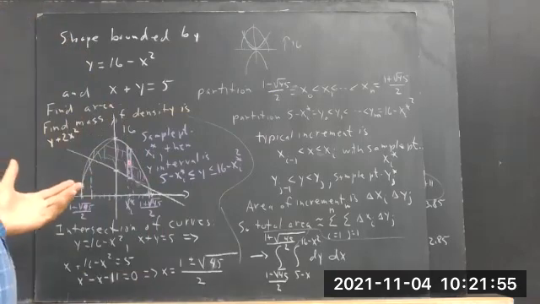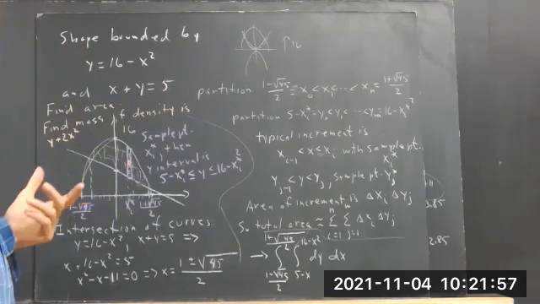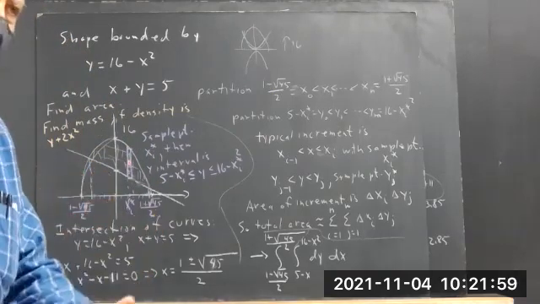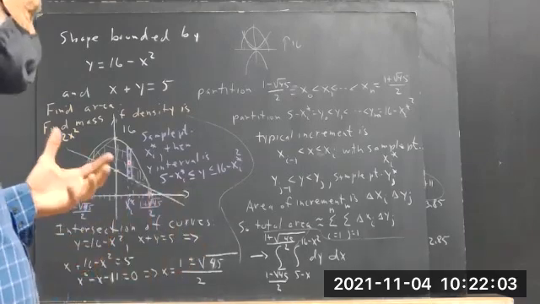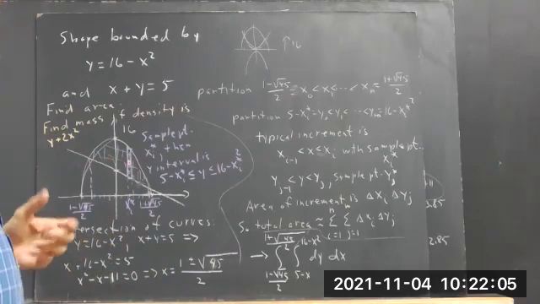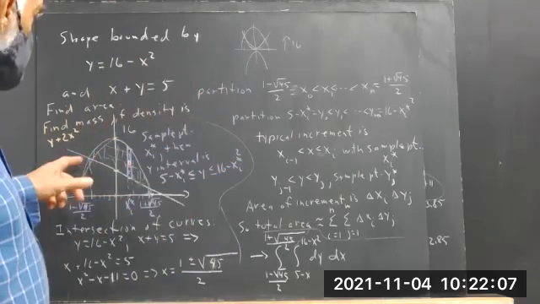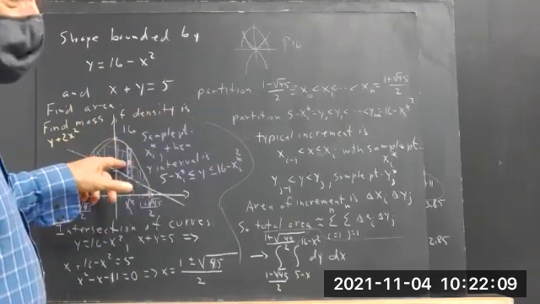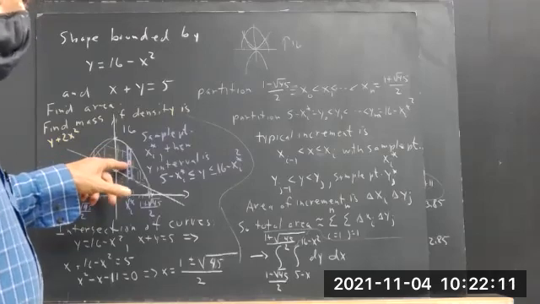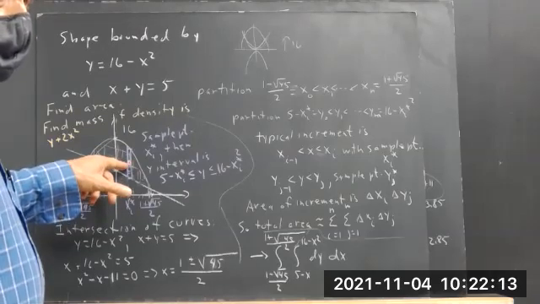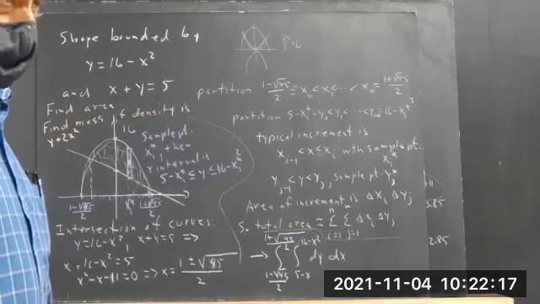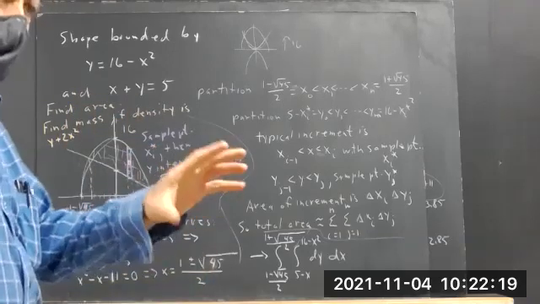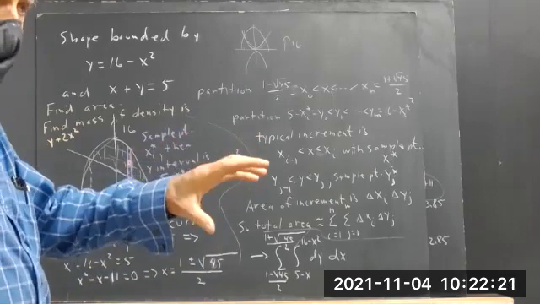If the average density is 20, and it's not that high, it could be closer to 15 than 20, but somewhere in that range, then you'd have 1,000. So I'm expecting that the integral for the mass of this thing is going to be somewhere around 750 to 1,000. Do you kind of understand what I'm saying there?